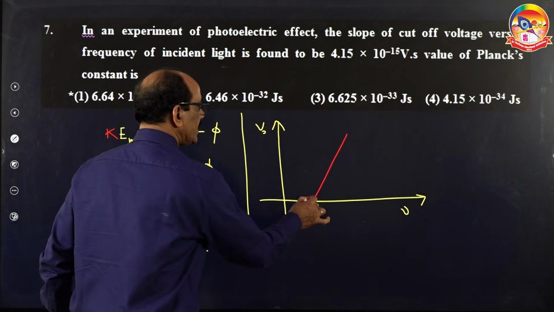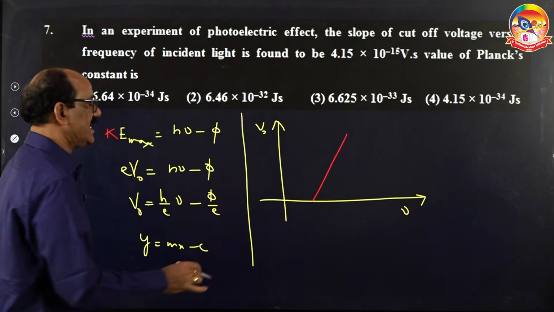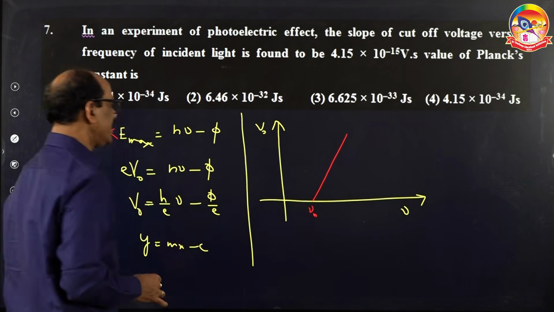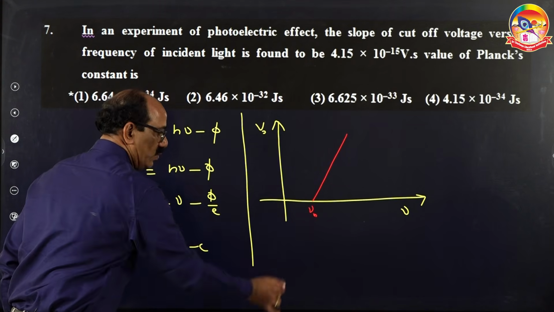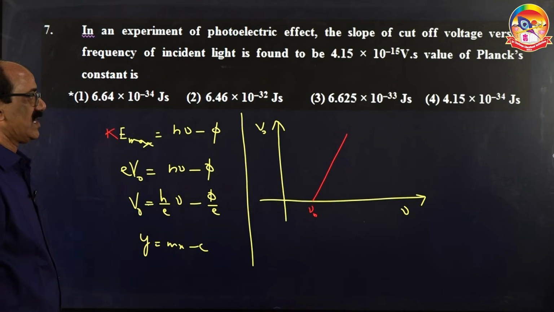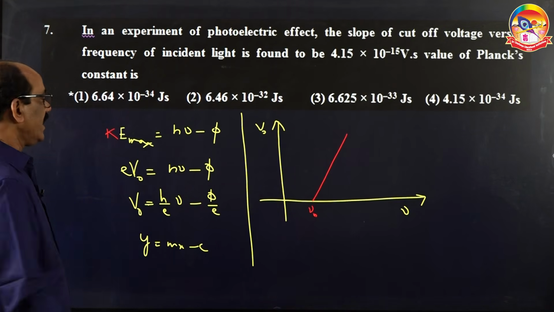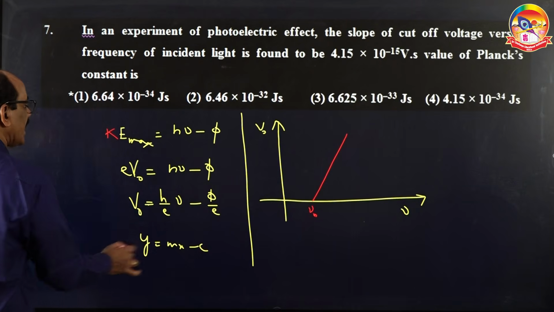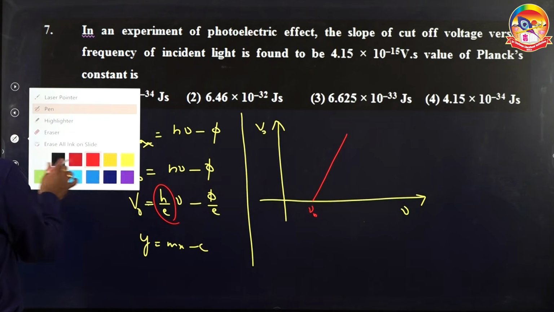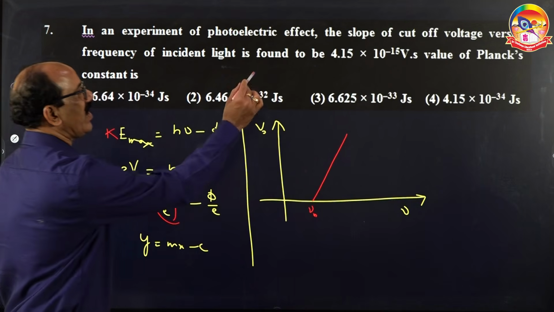So this intercept on the frequency axis indicates the threshold frequency, and it has a negative intercept on the stopping potential axis if you extend it. But here from this equation we can clearly understand this is the slope. So we have to make use of it to get the required answer.